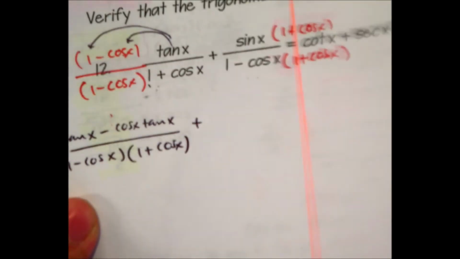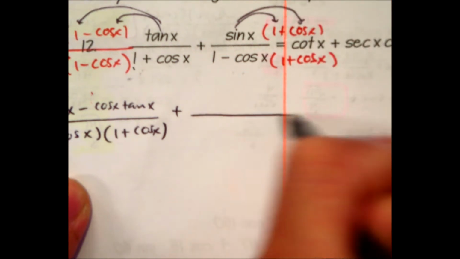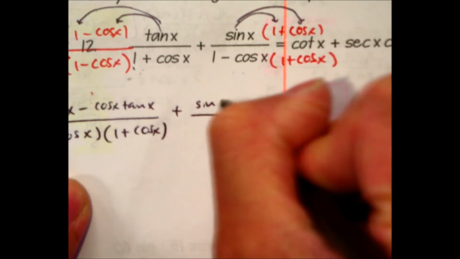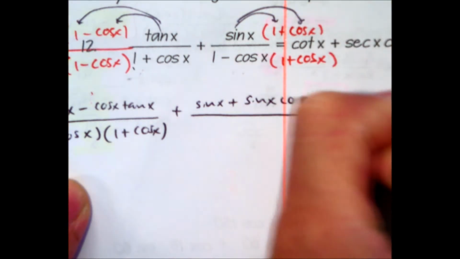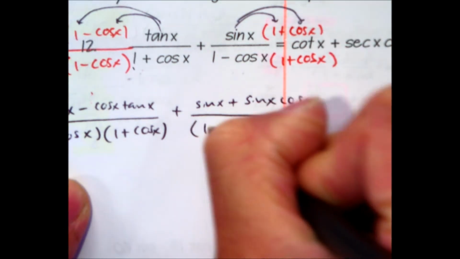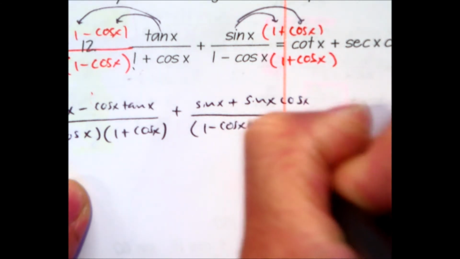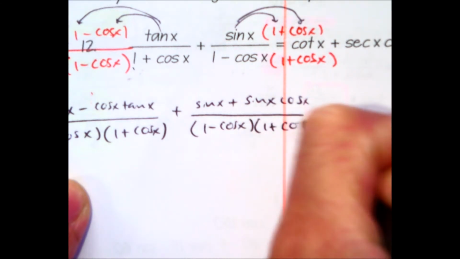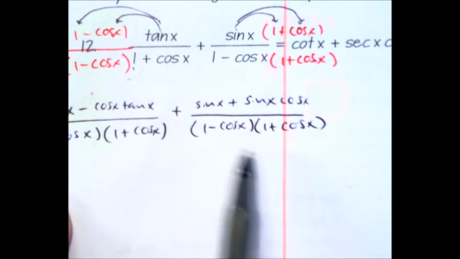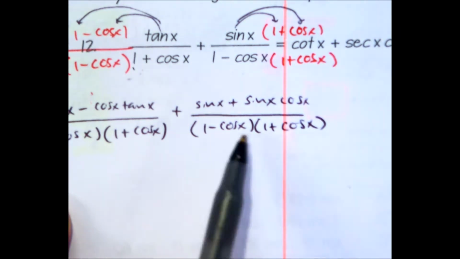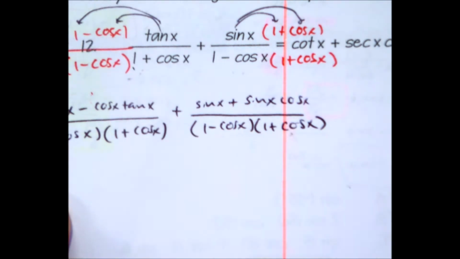And then on the other side, I'm going to do the same thing, and I'm going to distribute here. I'm going to get sine x plus sine x times cosine x, and that's all over 1 minus cosine x, 1 plus cosine x. Remember, in the denominator, as long as they have both of those factors, then it is a common denominator. You can always change that order and be okay.